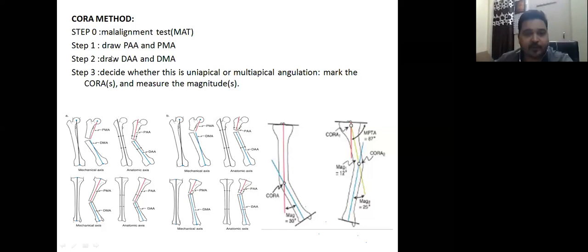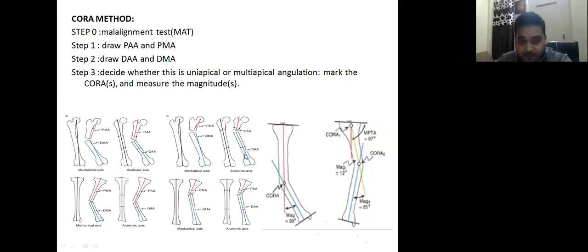Then step one, we have to draw the PAA, that is the proximal anatomical axis, and the proximal mechanical axis. And step two is to draw the distal anatomical axis and the distal mechanical axis. Then step three is to decide whether there is a uniapical or multiapical angulation. Mark the CORAs.